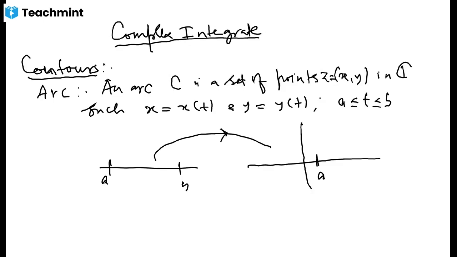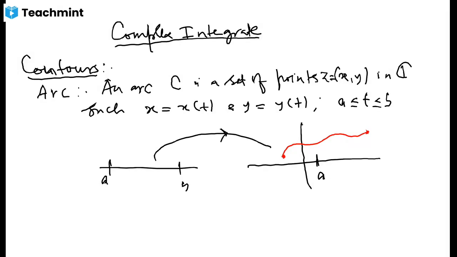What's happening? Every point, and let this arc be of this form. Let me change color. Yes, this arc can be of this form. It can be like this. It might start from this point here, and it might end somewhere here.